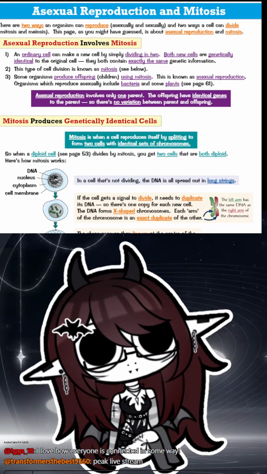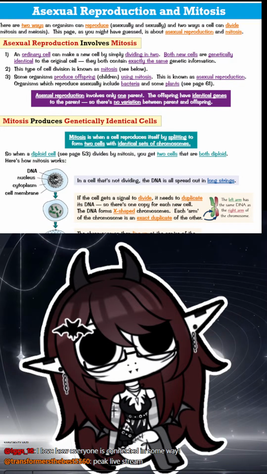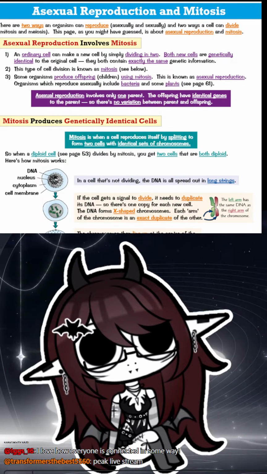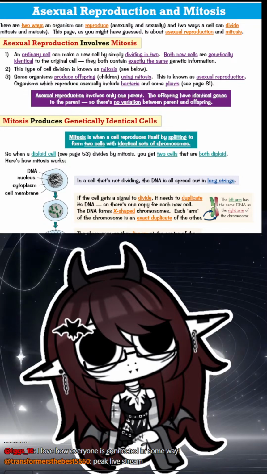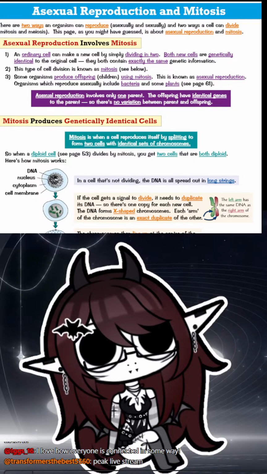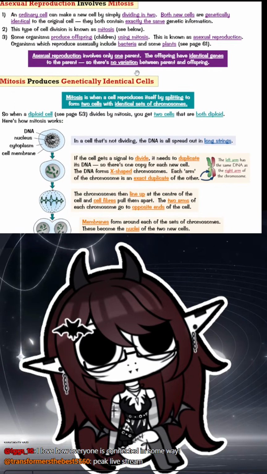The offspring have identical genes to the parent, so there's no variation between parent and offspring. This is important for later because we will be going on to genetic variation and evolution, and how variation in genes can lead to changes, which means some things are less susceptible to diseases and such. So each one has its benefits.